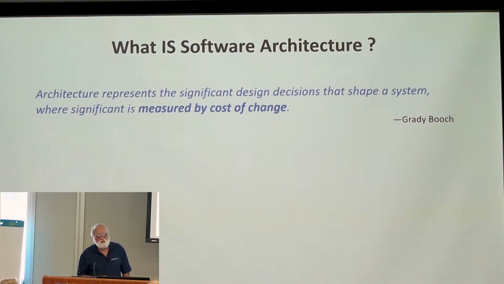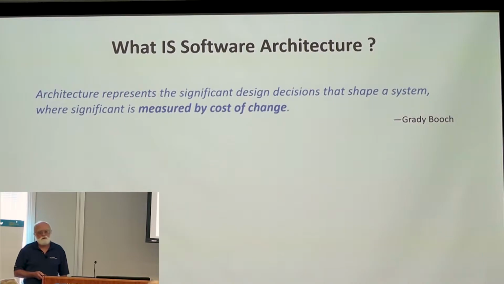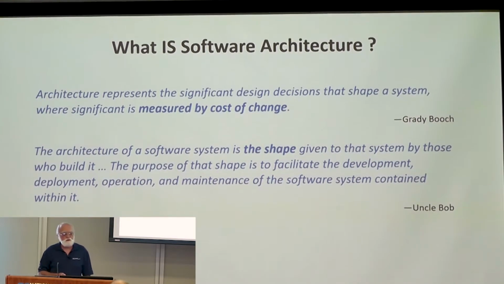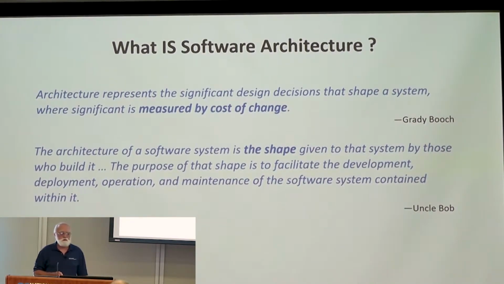Architecture represents the significant design decisions that shape a system, where significant is measured by cost of change. This is the key part of the definition, cost of change. The more expensive the change is, the more important it is. Uncle Bob kind of expands on this and says that the architecture of a software system is the shape given to that system by those who build it.